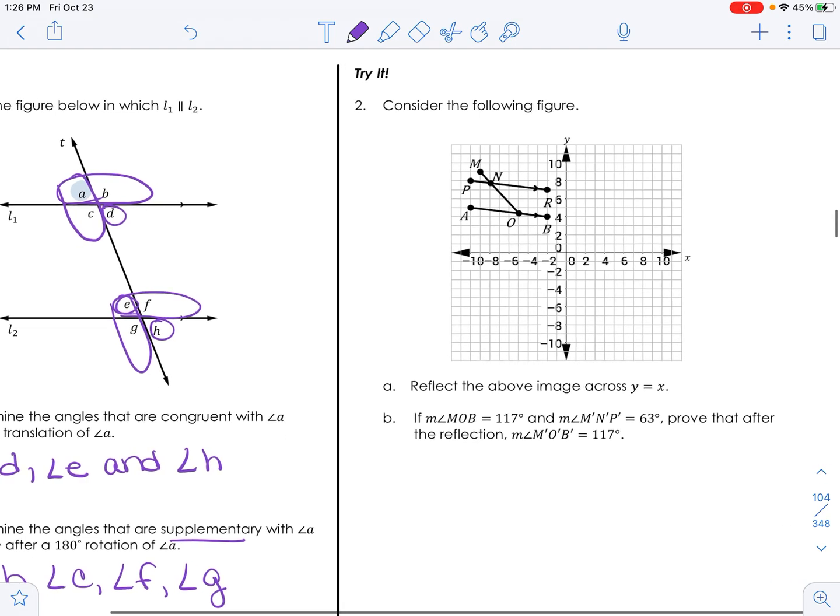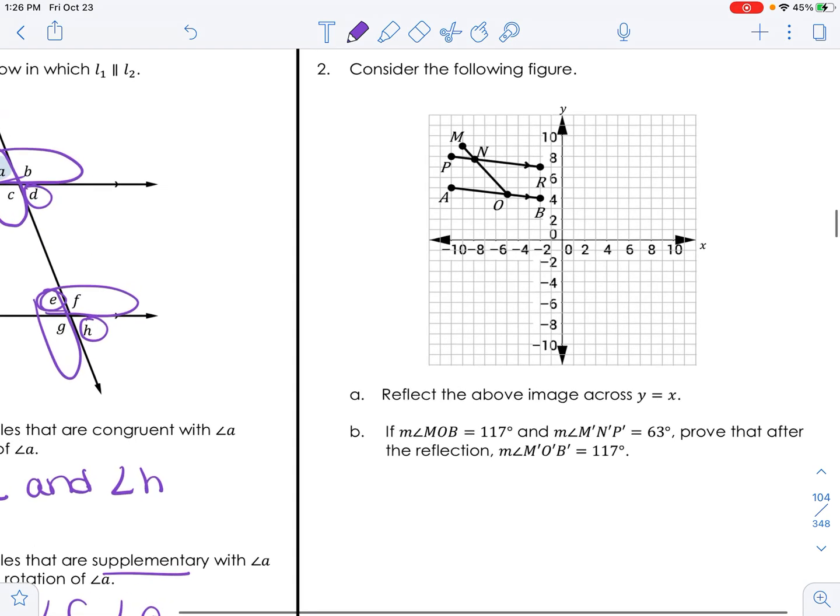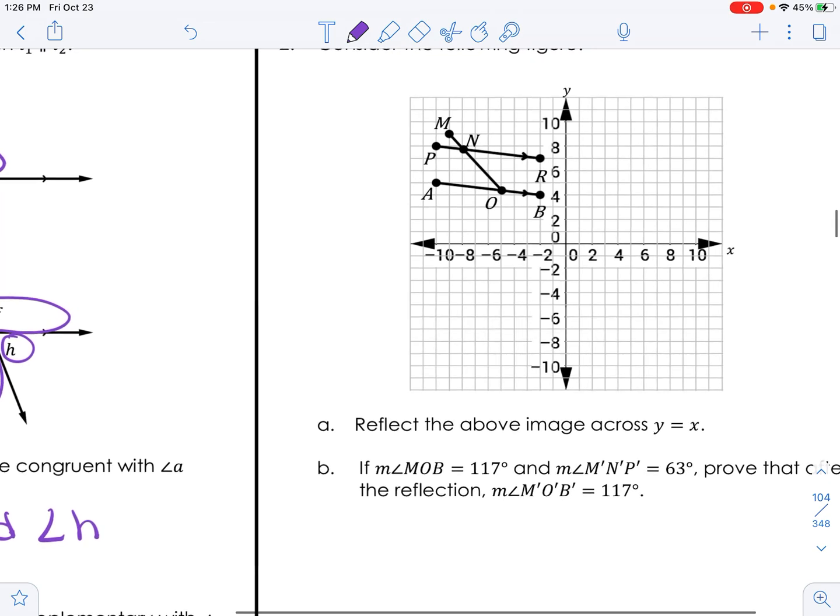Oh, this is a little bit difficult over here, so I'm going to try to zoom it in as much as I can. It says we are going to reflect the image above across y equals x. So I'm going to go ahead and draw my line of y equals x. And in the meantime, see if you can look up the rule from a couple lessons ago.